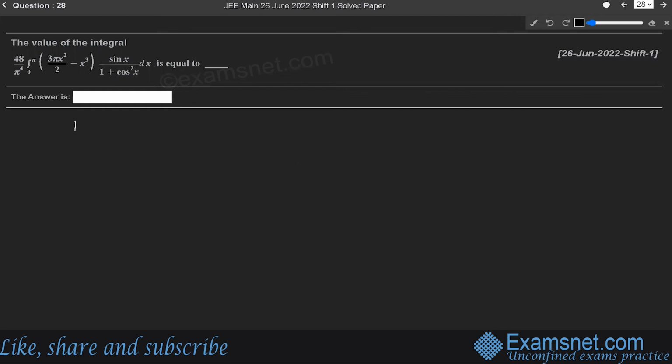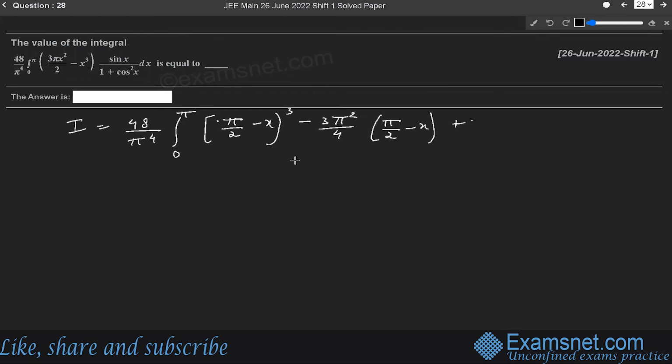So let I be equal to 48/π⁴ ∫ from 0 to π of [(π/2 − x)³ − (3π²/4)(π/2 − x) + π³/4] sin x/(1 + cos² x) dx.